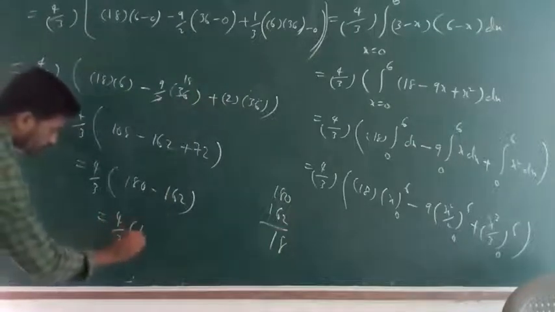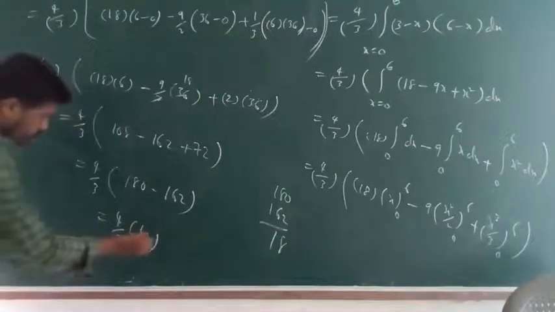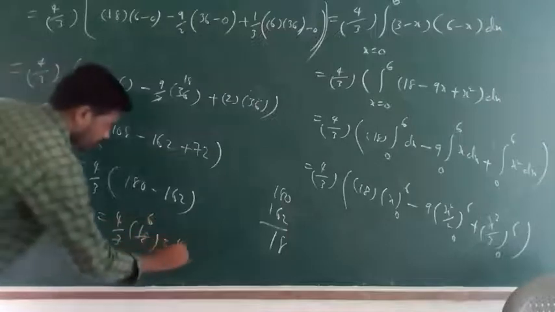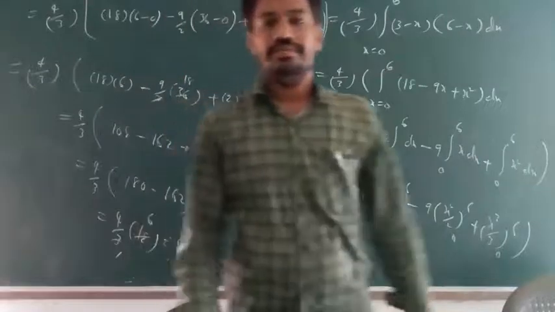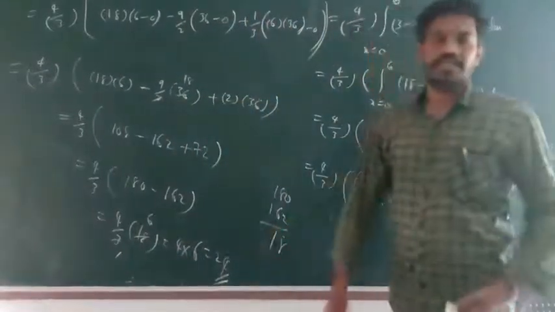Total 4 by 3 into 18. 3 into 6 is 18, 4 into 6 is total 24. So this is the answer, 24. This is the final surface integration.